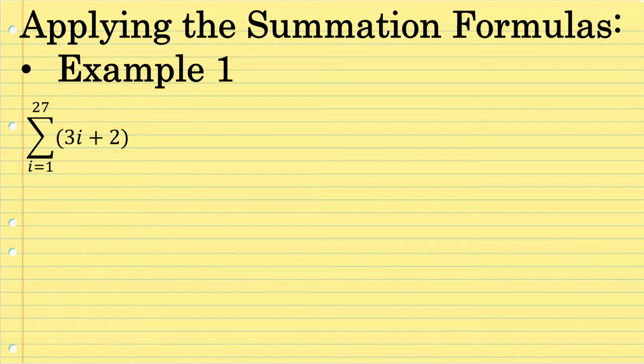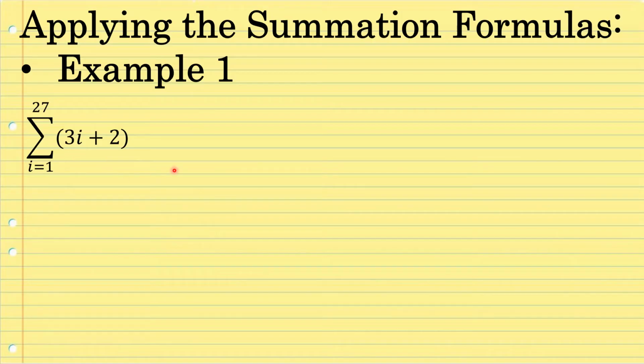Realize the meaning of this is 3 times 1 plus 2, plus 3 times 2 plus 2, plus 3 times 3 plus 2, the whole way up to a value of 27 for i. There would be 27 terms in this sum, and each of those 27 terms would actually have 2 terms itself, 3 times the value of i, plus 2.